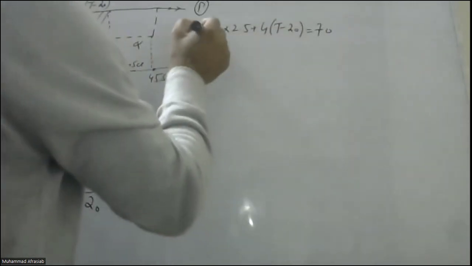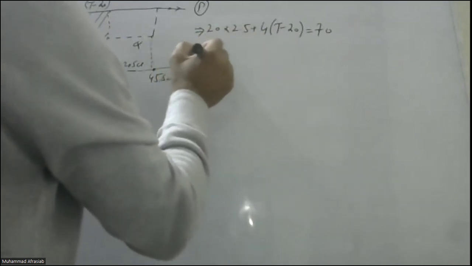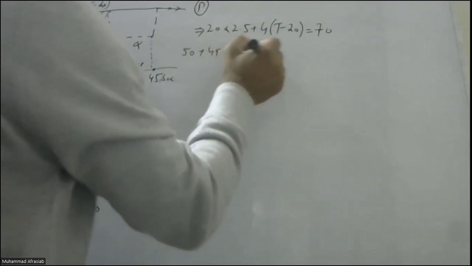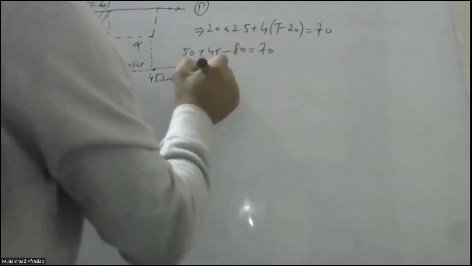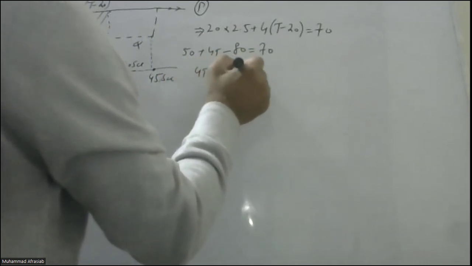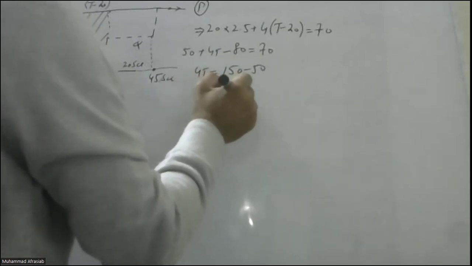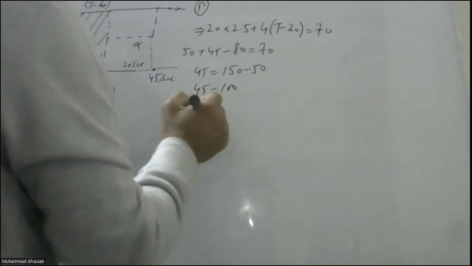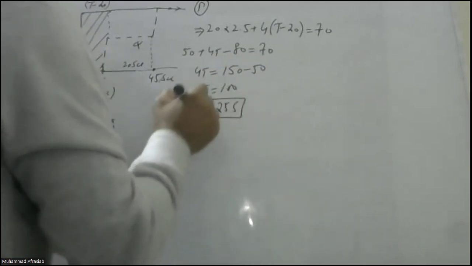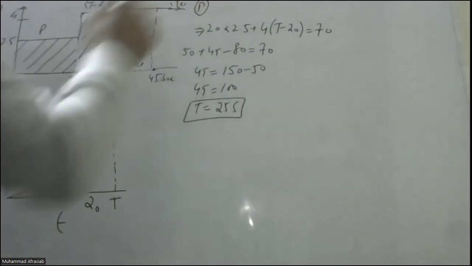So 50 plus 4t minus 80 is equal to 70, or 4t is equal to 150 minus 50. 4t is equal to 100, or t is equal to 25 seconds. So this is the value of t which we calculate in the second part of this question.